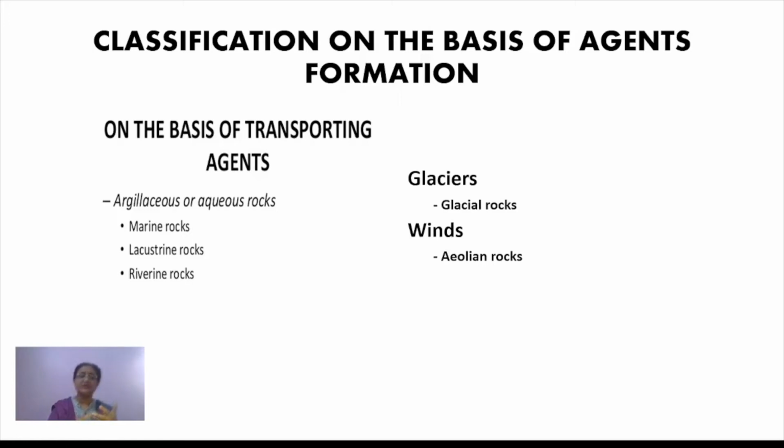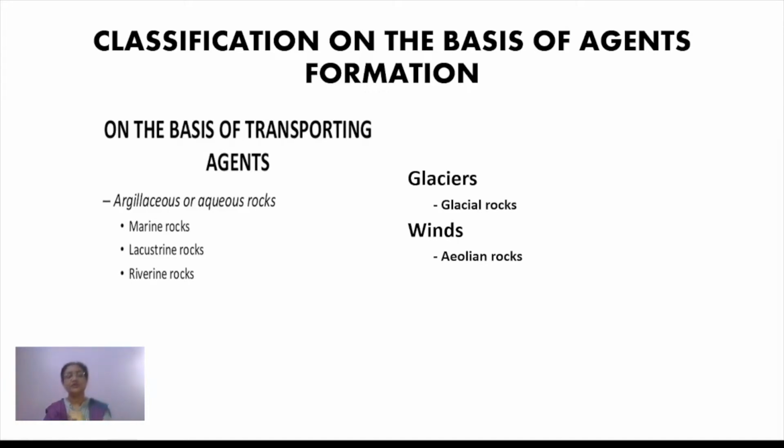Lacustrine means it is related with the deposition done by lake water. Riverine is the result of the work of a river. All these 3 are related with water in some way, so these are called aqueous rocks.